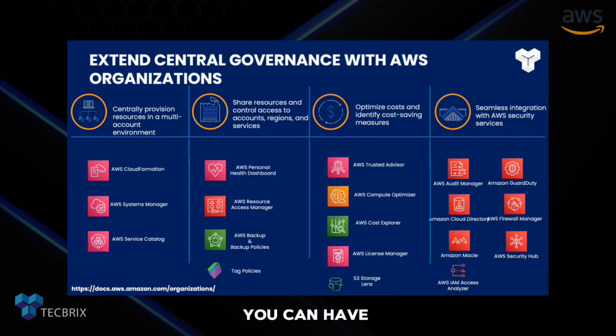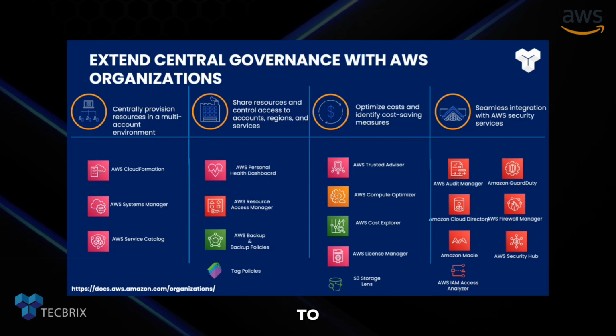For example, you can get recommendations through AWS Trusted Advisor across your AWS accounts. Plus, you can have License Manager. For example, if you are running Windows workloads on AWS or other workloads which require licensing, and you want to manage that licensing efficiently, you can centralize it using AWS License Manager.